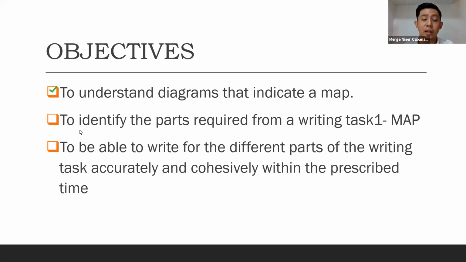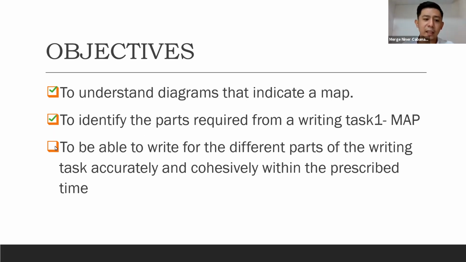It is imperative that candidates like us who will be taking this exam should understand what the parts are for and what are the ways in which I can make these parts play the roles specified for them. So if the role of the introduction is to do this certain thing, then I shall be the one to make sure that it does the specific task for it. So that is our second objective, to identify the parts required from a writing task one in map.